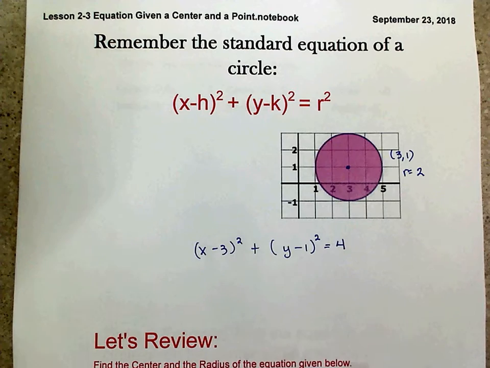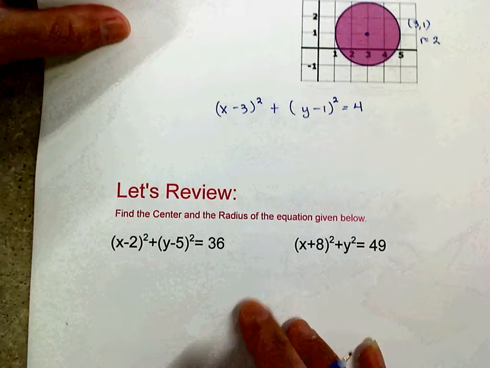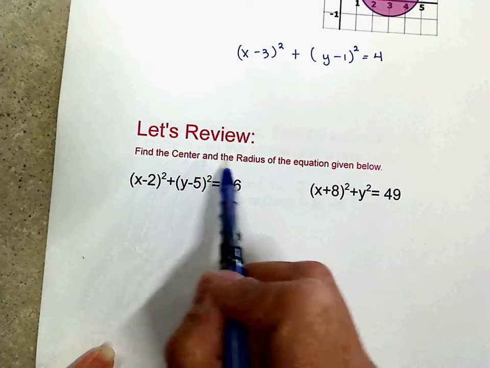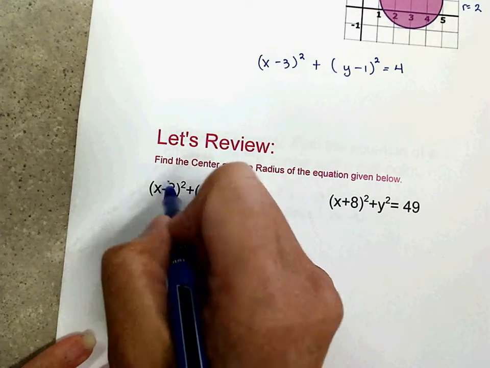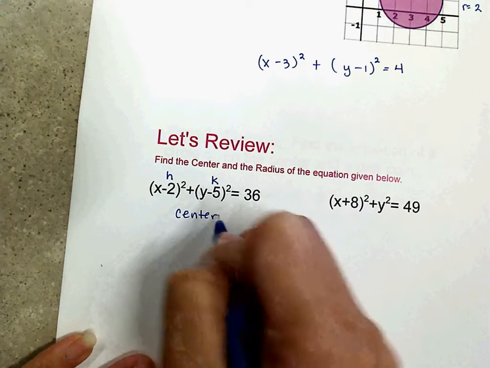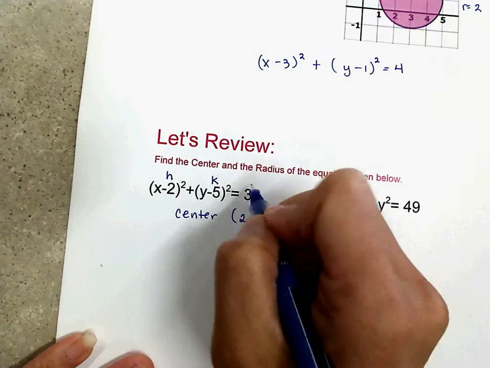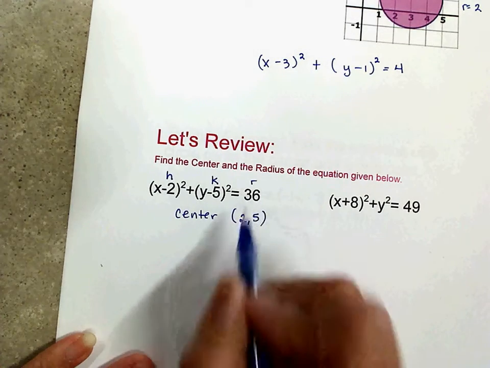Remember, you learned that in the last section. All right, let's review. Say, for example, find the center and the radius of the equation given below. So, what is our center? Here's your h, here's your k. So your center is 2, 5. It tells you it's 36.